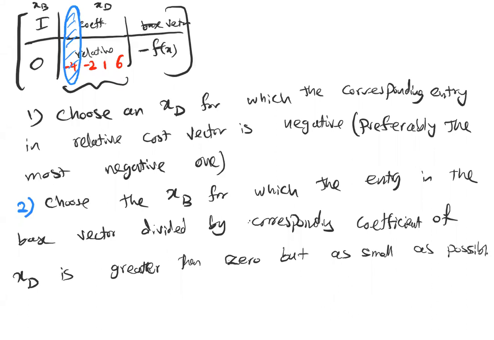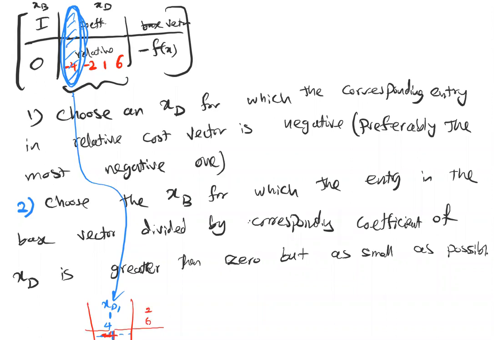All right, now it gets a little more complicated. Let me expand it. So let's say here for xd1, I have the coefficients to be 1, 4, and then we have the relative cost vector minus 4. And then at this side, for the base vectors, we have 2 and 6.